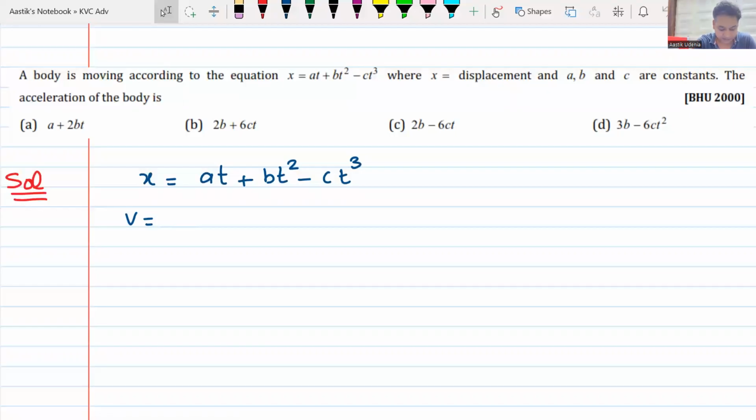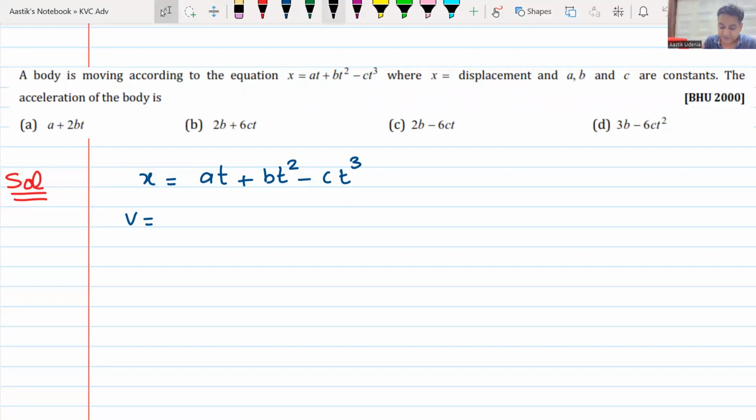Something has gone bad in this. It's not reading my screen. Okay, let me take it this way. I hope you can see it now. Yes, you can see it now, right? Okay, everyone can see the screen now?